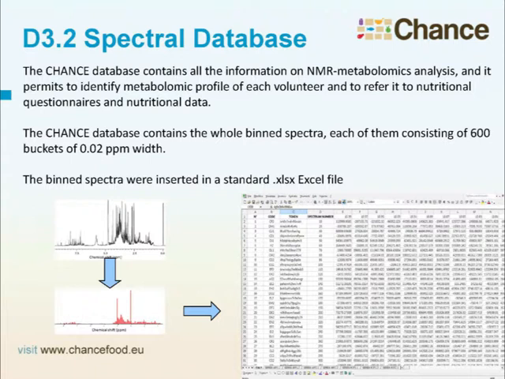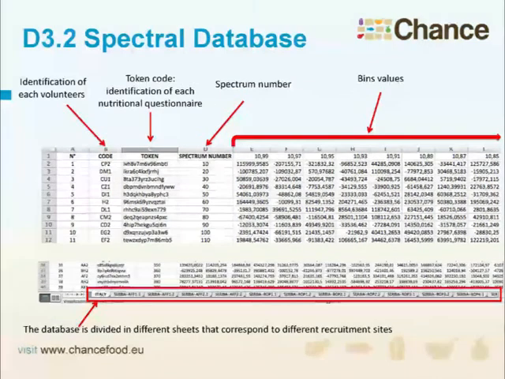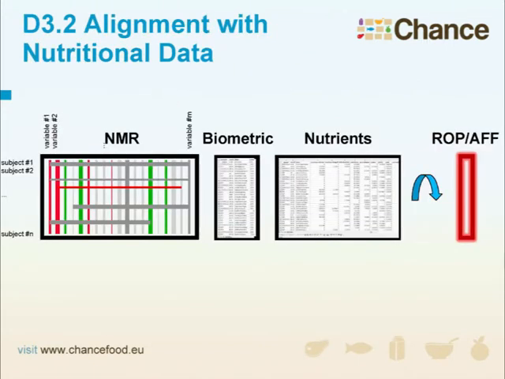This is now implemented in a spreadsheet, where we can identify volunteers, spectrum number, bin values, and token code, so we can identify these objects in the database. Then the NMR database was also aligned with the biometric database and the nutrient databases.